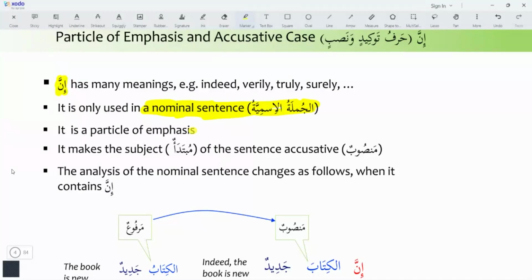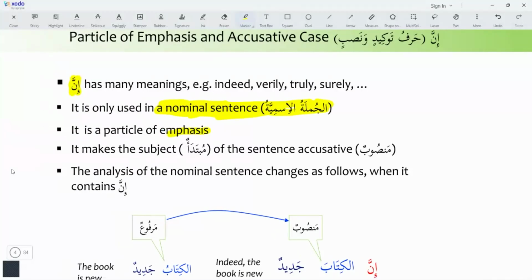Inna is a particle of emphasis, or harfu tawqid. It makes the subject, the mubtada of the sentence, accusative, mansoob.